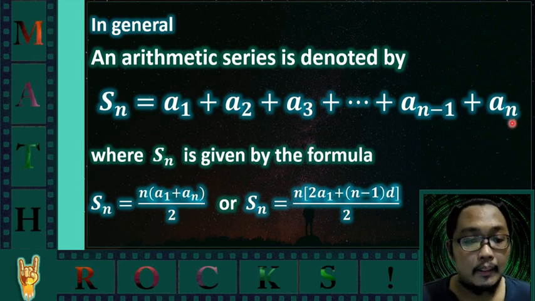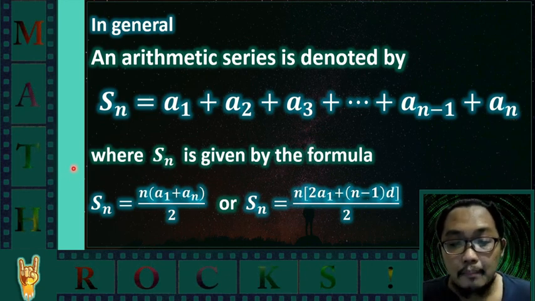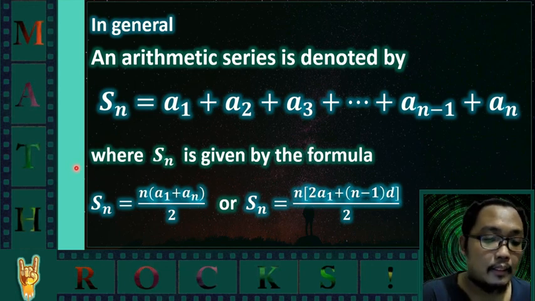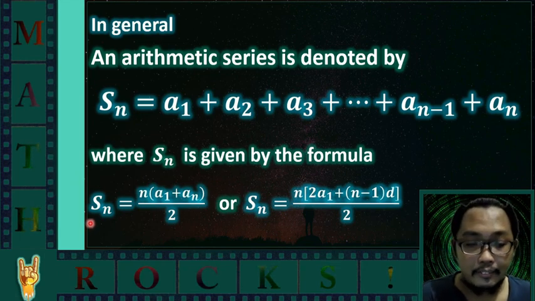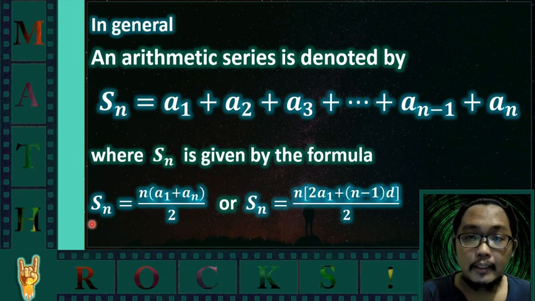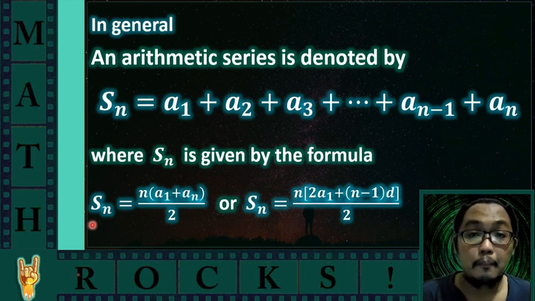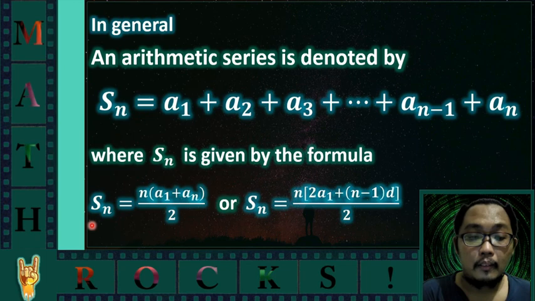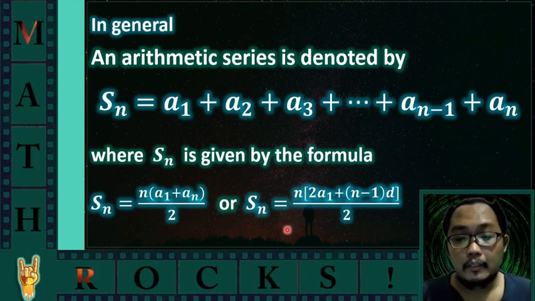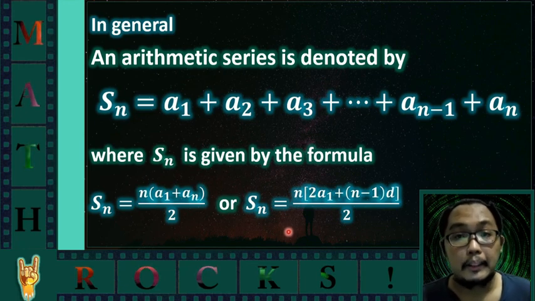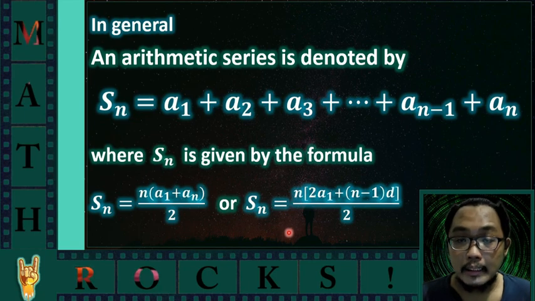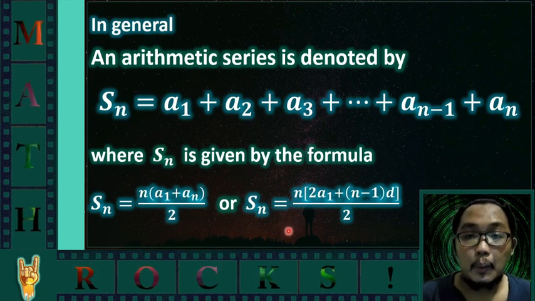The S sub n is usually given by two formulas, having this as the first one: S sub n is equal to n times the quantity of a sub 1 plus a sub n, all over 2. The other formula is S sub n equal to n times the quantity of 2a sub 1 plus the quantity of n minus 1 times d, all over 2.